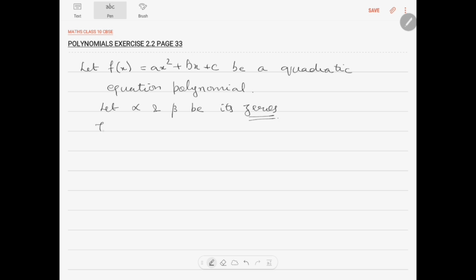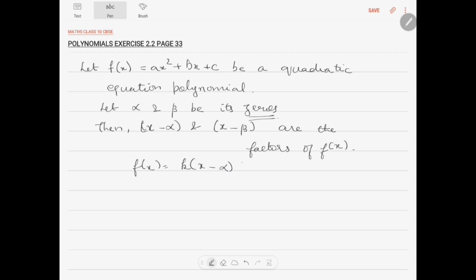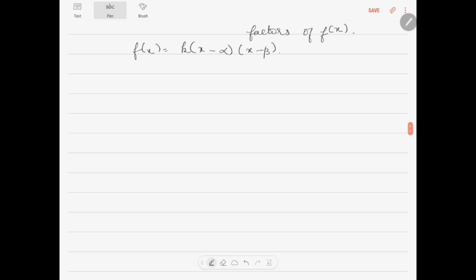Then by factor theorem, x minus alpha and x minus beta are the factors of f of x. Therefore, let f of x be constant k into x minus alpha into x minus beta. Now we have to find the sum and the product.